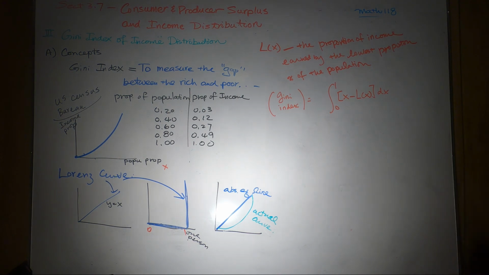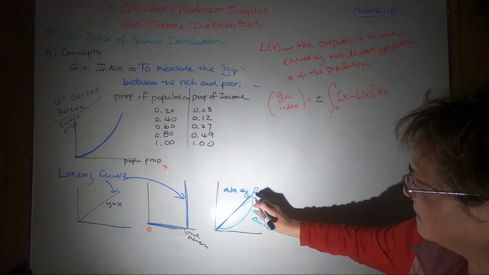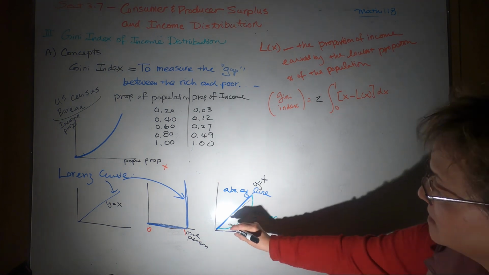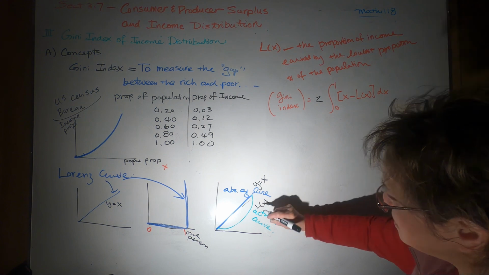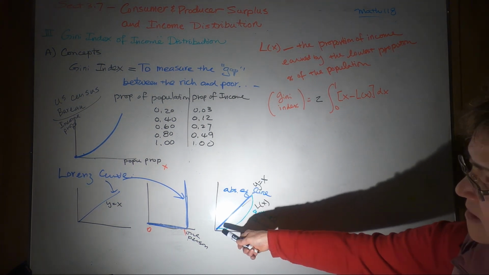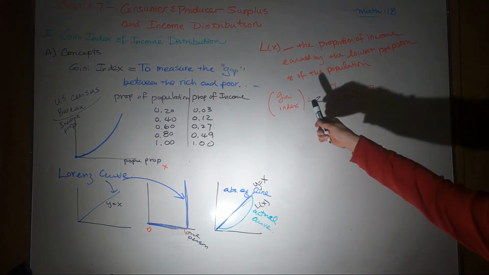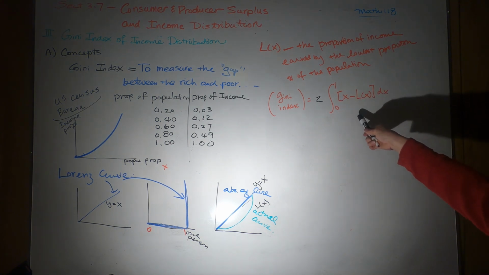The reason also is they multiply by 2. This one is what? Y equals X, right? Then this one is the Lorenz curve. So X minus this, take the antiderivative. So the Gini index is developed like this.